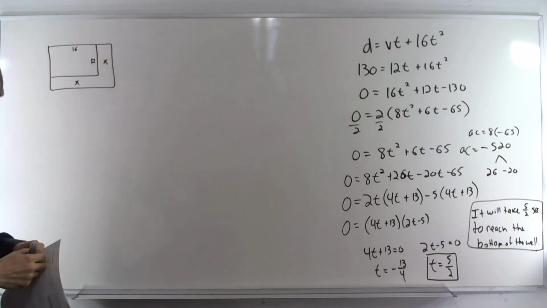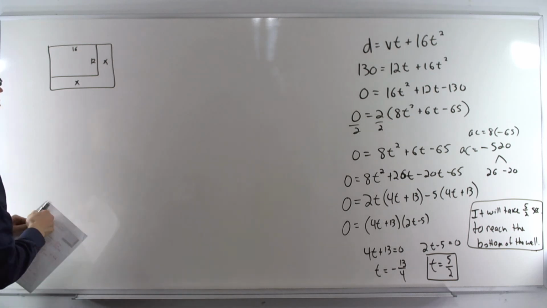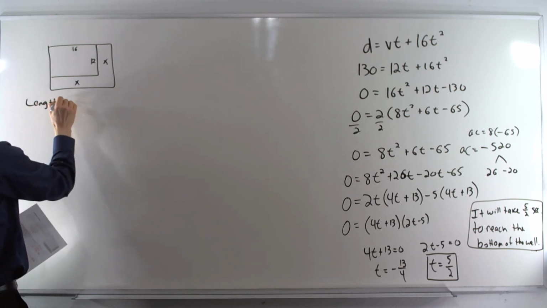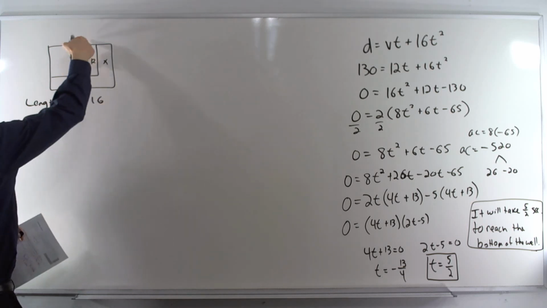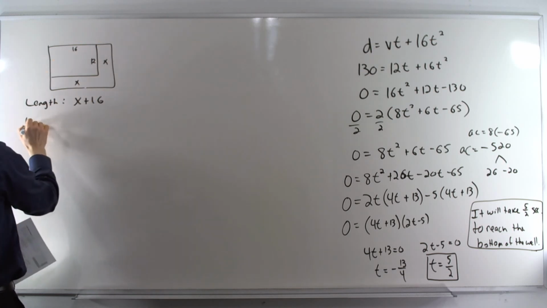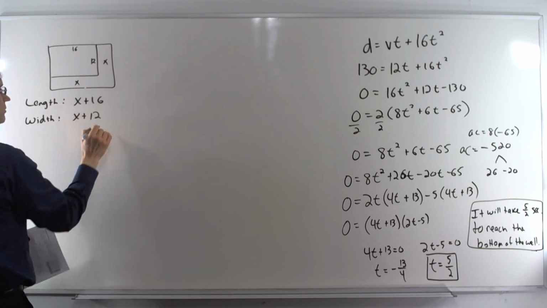What do we do to those two values? Well, we want the total length. Total means addition. So we're going to add them together. So the length is x plus 16. And the width works the same way. We've got 12 here and x here, add them together. We get x plus 12.